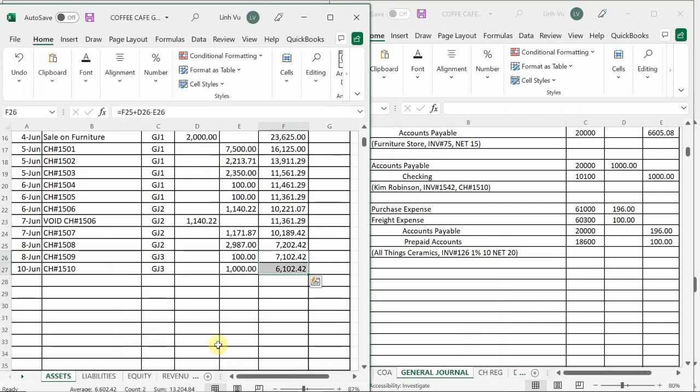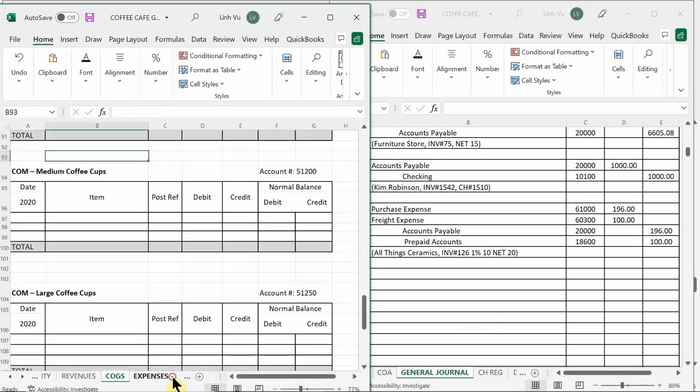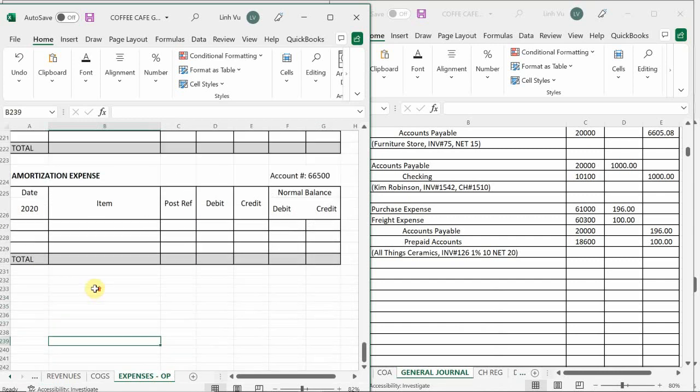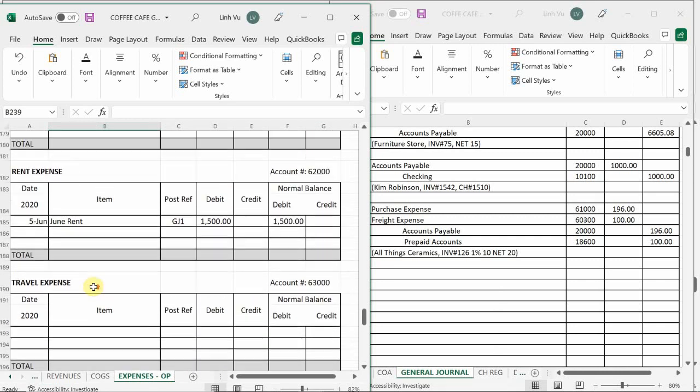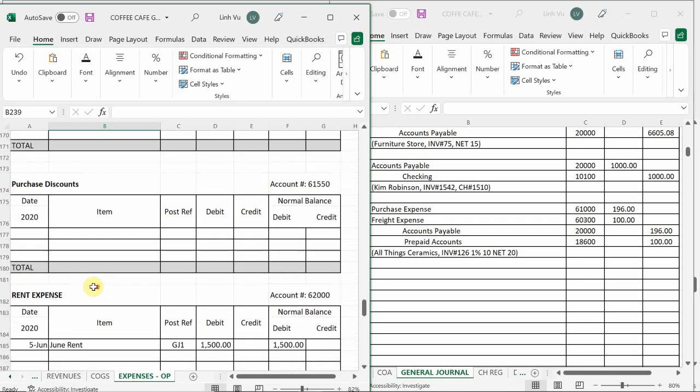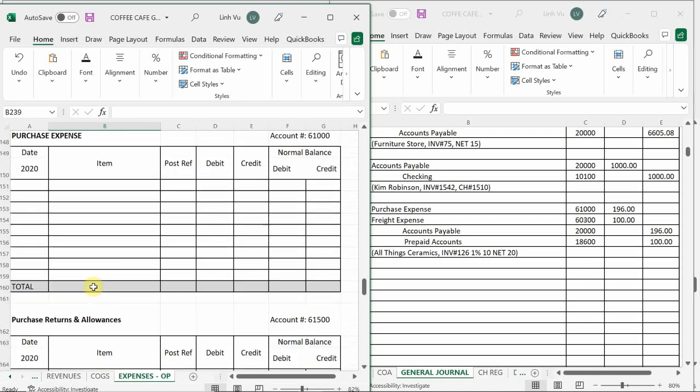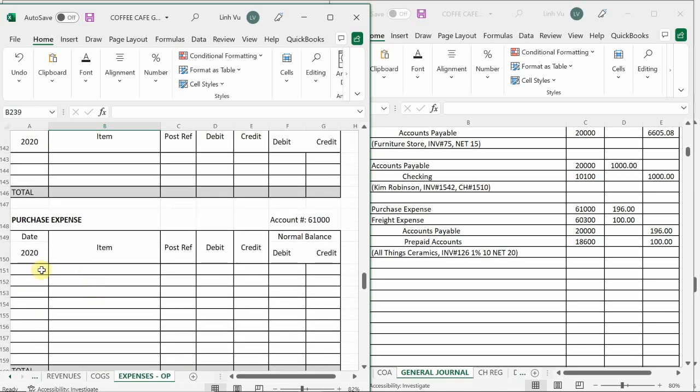Because now there are a few things I've got to do. I have to acknowledge a purchase expense, a freight expense, that I owe money, and that I redeemed the prepayment. Let's do that first in exact order. I made a purchase expense.